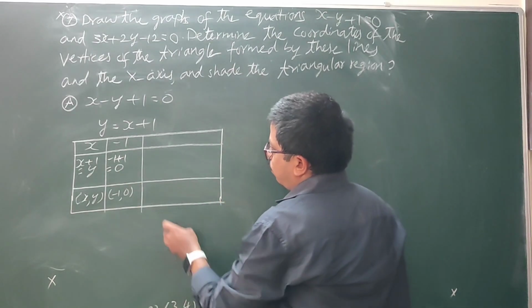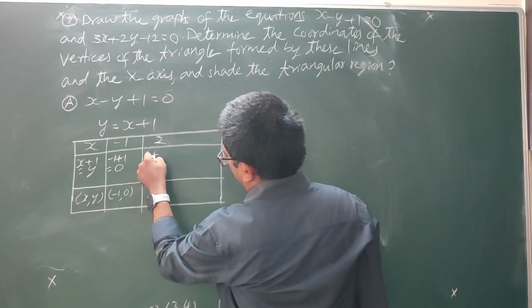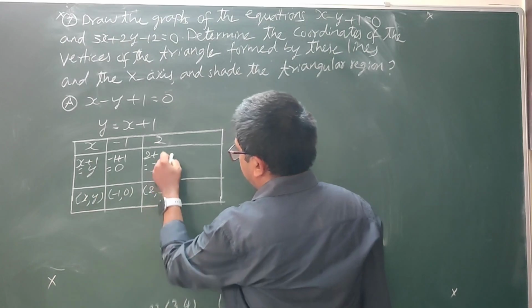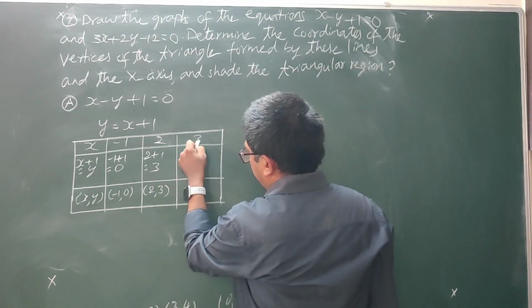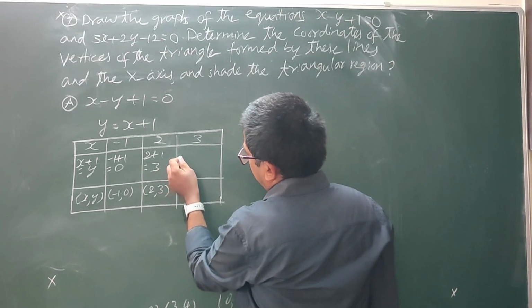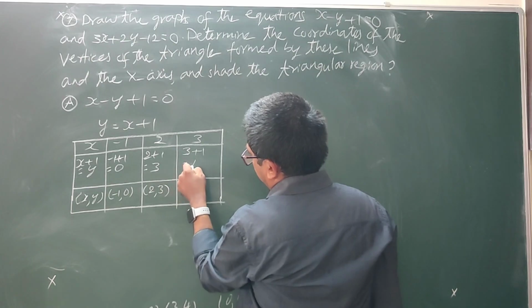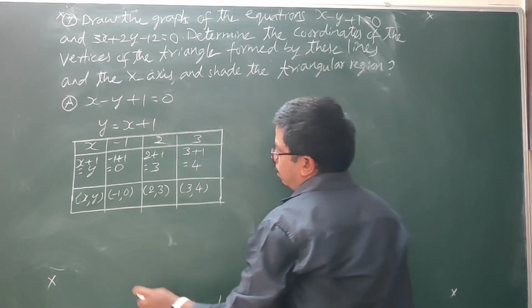And if x equal to 2, it is 2 plus 1 equal to 3 is y. So 2 comma 3. Next, if x equal to 3, it will be 3 plus 1, that is equal to 4. So x comma y passes through 3 comma 4.